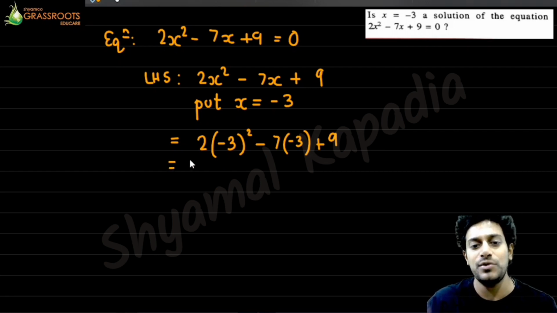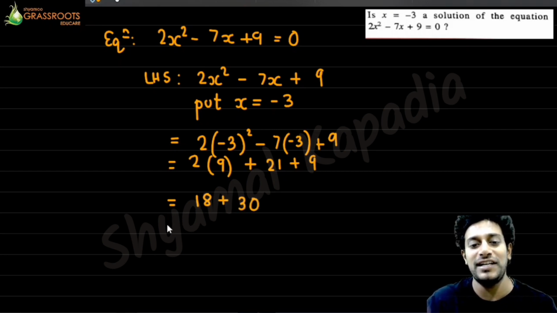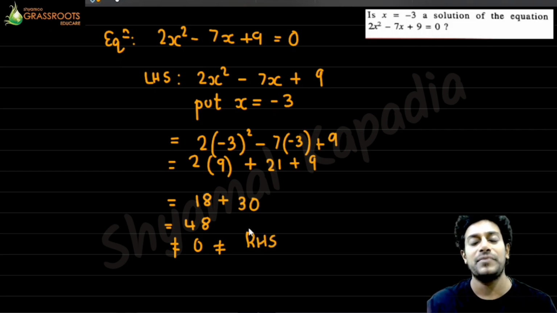On solving this, you get 2 into the square of a number, which is always positive, and minus into minus makes it plus 21 plus 9. So the answer would be 18 plus 30, which is 48. I am not interested in the answer. I just want to know whether it's equal to 0 or not. It is not equal to 0, not equal to the right hand side.